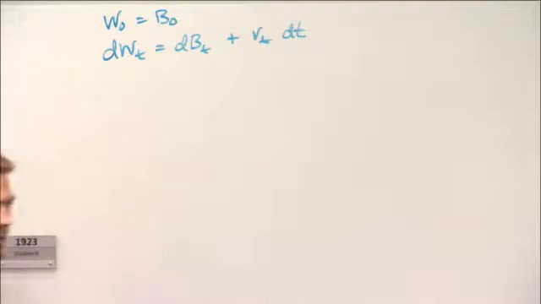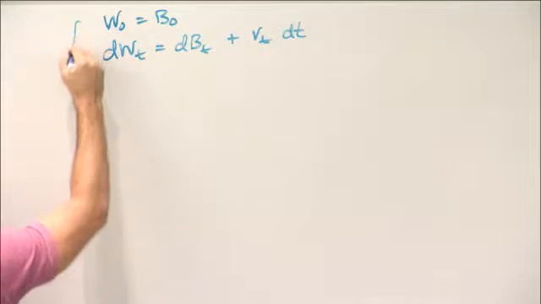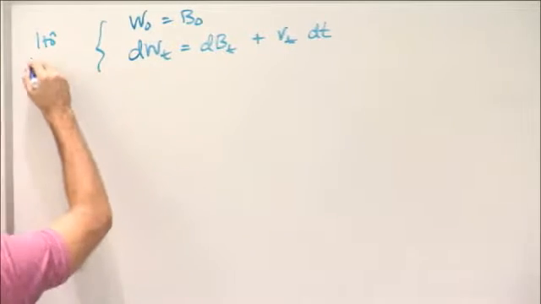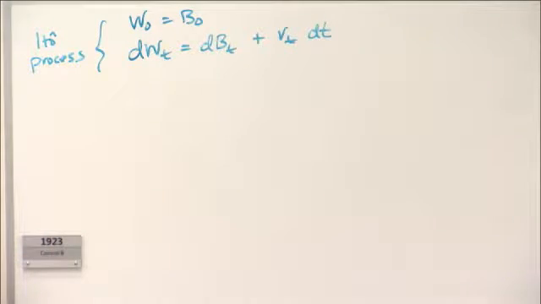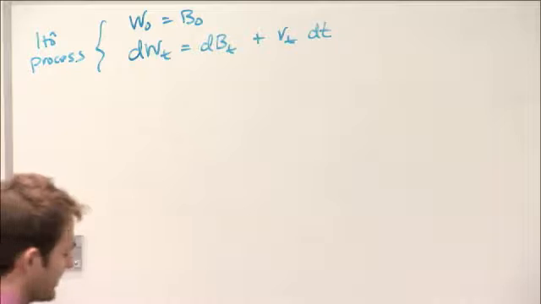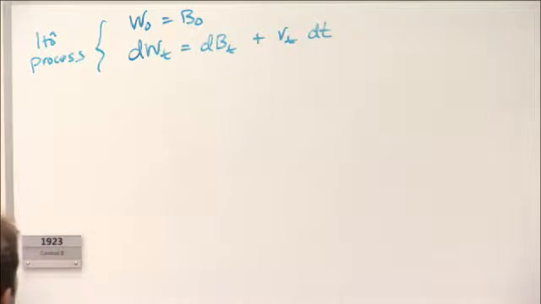It looks like this. So the point is, this is what's called an Ito process, okay? And there is a calculus for dealing with these things. Just in the end, let me tell you how.